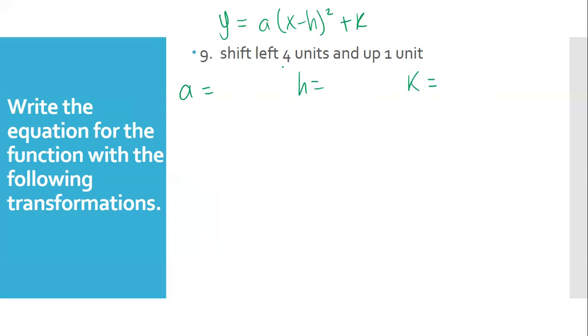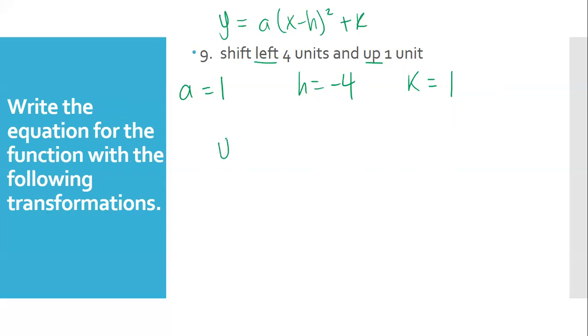So shift left 4 units. So that lets us know that our h, because it's going to the left, that's h, is -4. And up 1 unit, it says up, that lets us know it's our k, is 1. And if no instructions about stretching or shrinking or reflecting is given, that means your a equals 1.